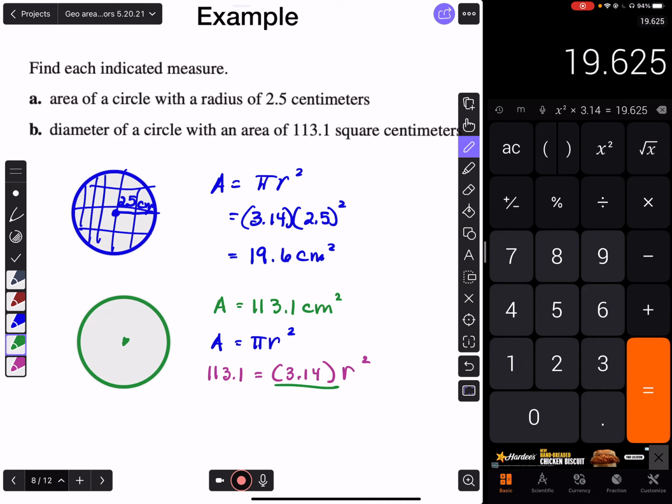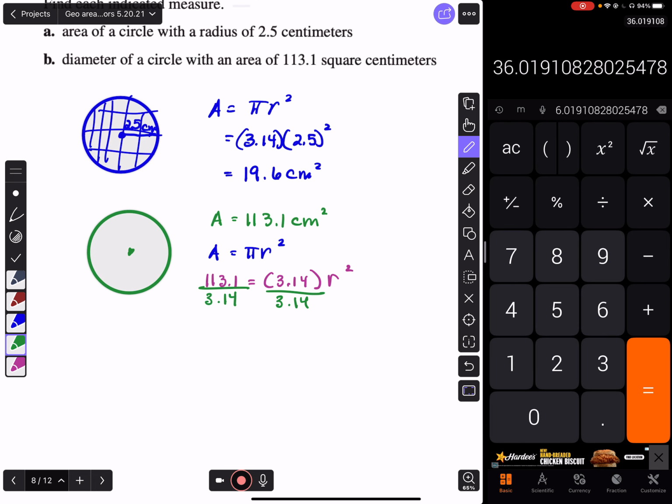We'll just divide both sides by 3.14. Again, we go to our calculator. 113.1 divided by 3.14 equals, and so r squared equals, we'll just call it 36 even, it's 36.01, and now you square root both sides.